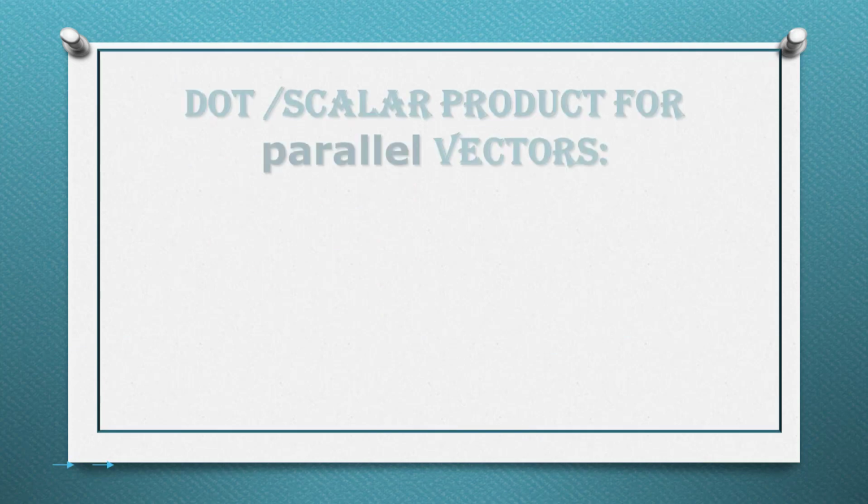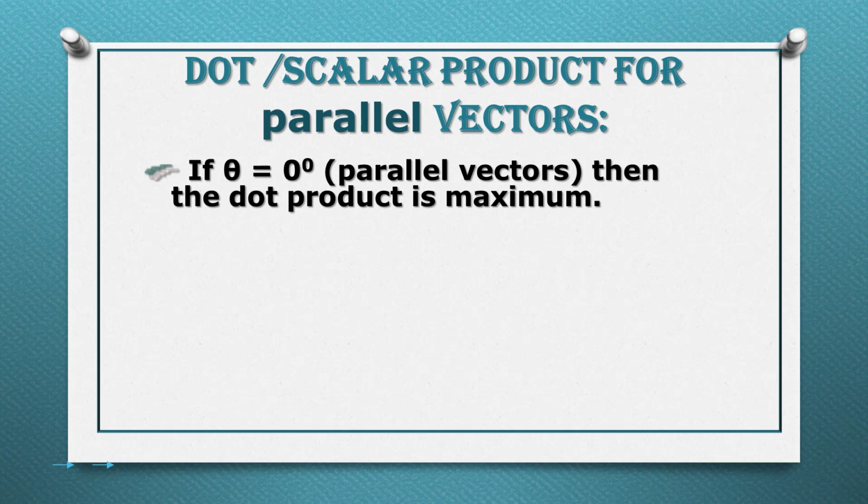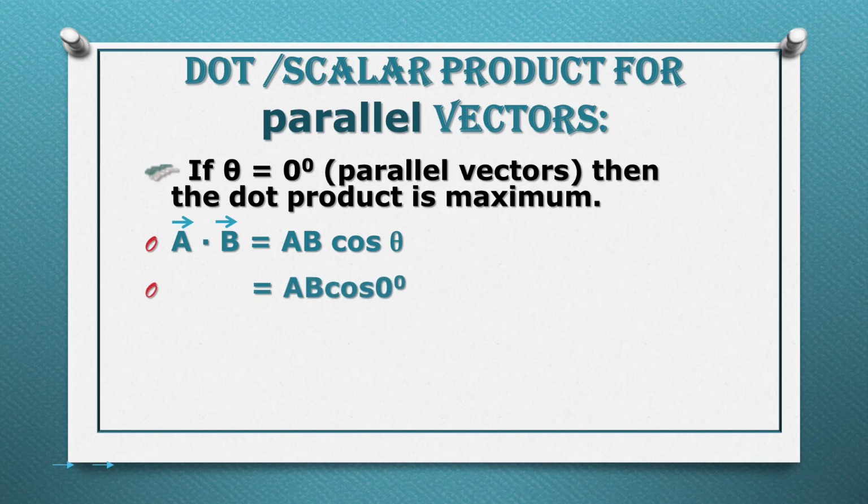And if we have two vectors which are parallel to each other, if theta is equal to 0 degrees, parallel vectors, then the dot product is maximum. Okay, how? If we again put in the formula, vector A dot vector B is equal to AB cos theta, which is equal to AB cos of 0 degrees, because we have parallel vectors, so theta will be 0.